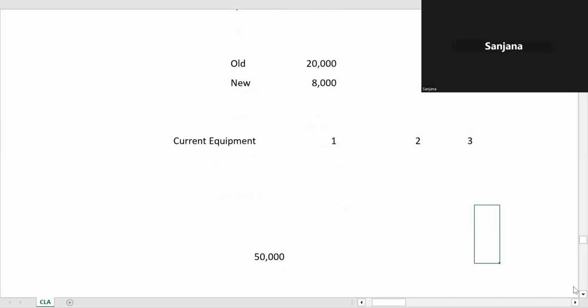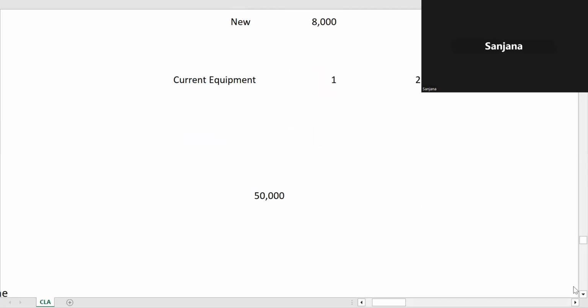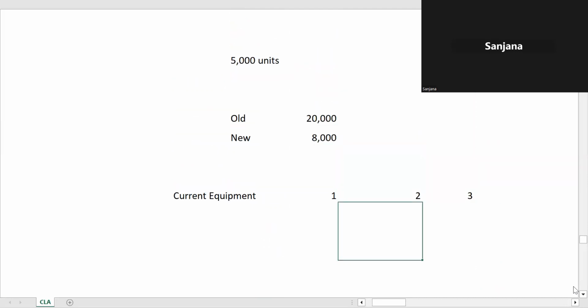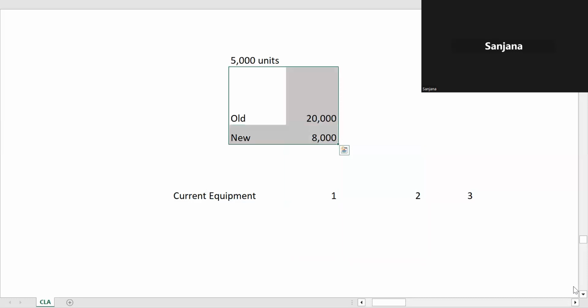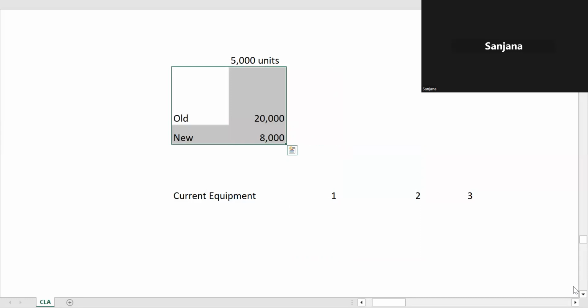Now, if the life of the new equipment itself is 3 years, then it is not good. Although right now it is not in our agenda to discuss this, this is just a basics chapter. So old equipment manufacturing cost is 20,000, here it is 8,000.